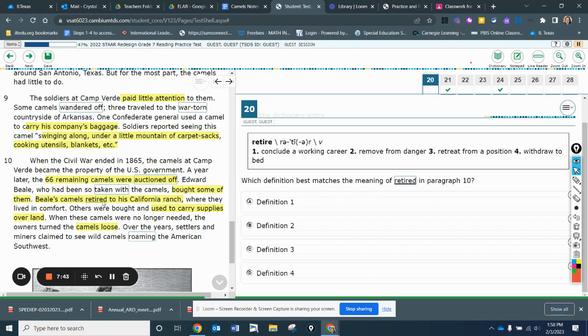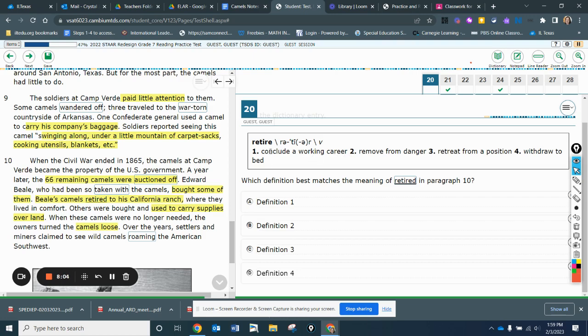So let's think about how it's used. These camels were working. They were property of the US government. They worked and they carried a whole lot of stuff with them all this time. And then they retired to a California ranch where they lived in comfort. So they concluded a working career.